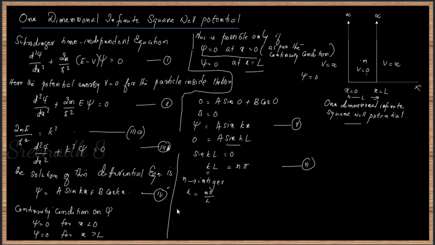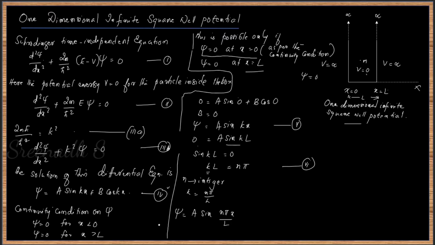So psi is equal to a sine, for k substitute n pi by L. So psi is equal to a sine n pi x by L.